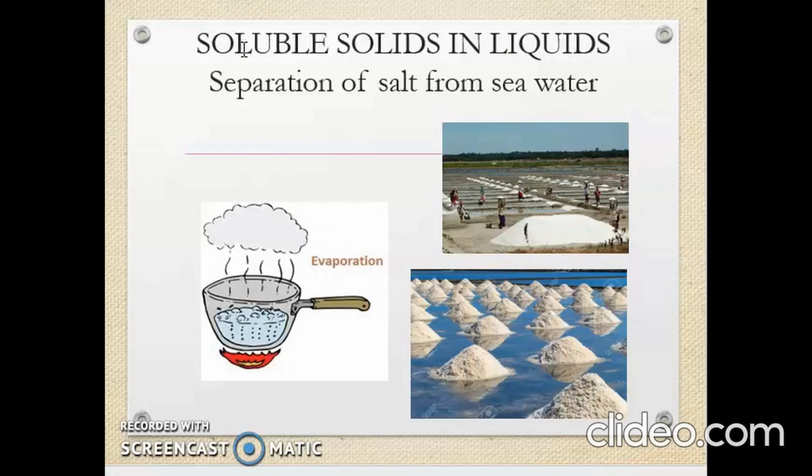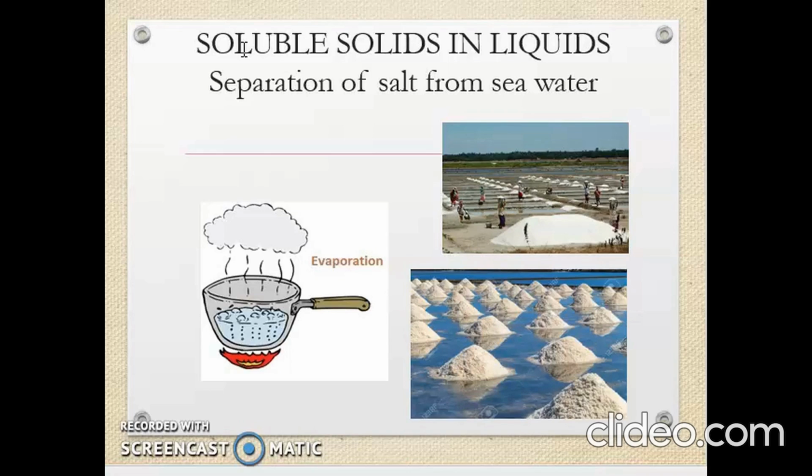Soluble solids in liquid. We can separate soluble solids from a liquid through the process of evaporation. There are many solids that dissolve in water, such as salt and sugar. To separate the salt and sugar from the water, we can use the method called evaporation, a process of converting water into water vapor.